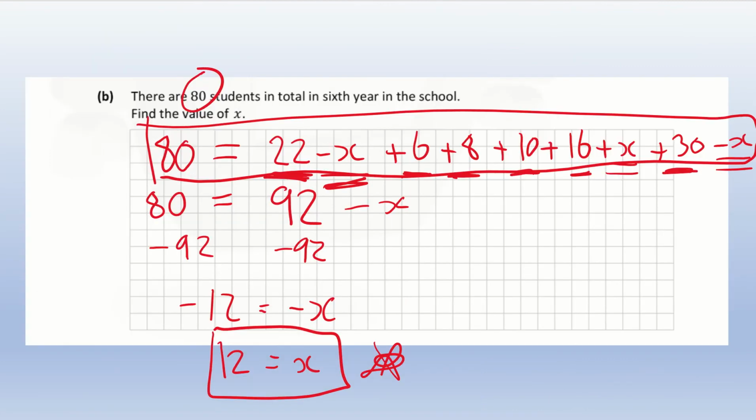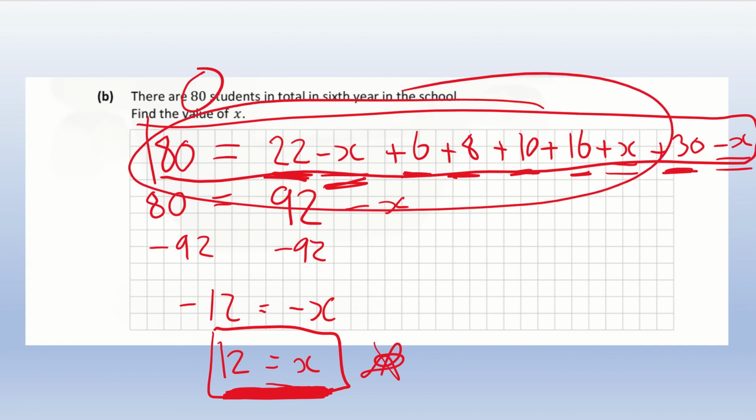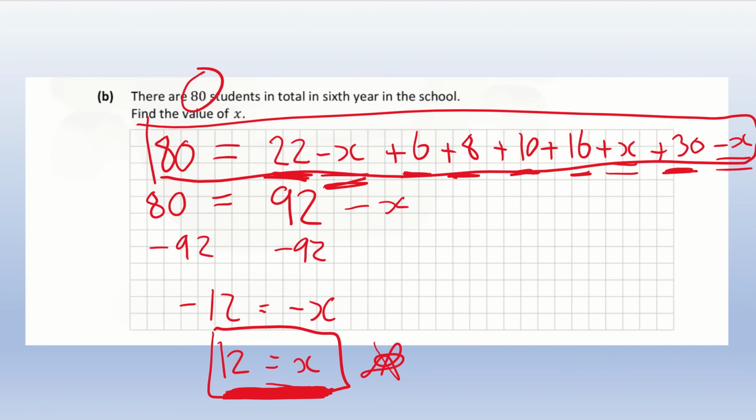So when you get your answer at the end, make sure it makes sense in relation to the question. If it doesn't, like in this case, if you had a negative answer, maybe you've made a mistake with a sign up here somewhere. It's a good habit to get into, and it's no harm in just asking yourself that, to make sure you're not dropping any silly marks.